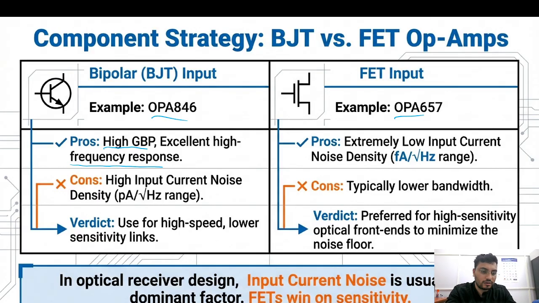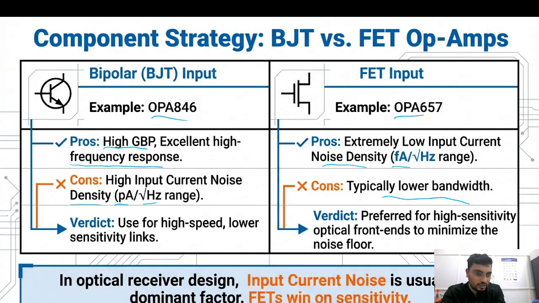The con is high input current noise density, in picoamp per root hertz. While the FET has extremely low input current noise density, in femtoampere per root hertz, and typically low bandwidth.